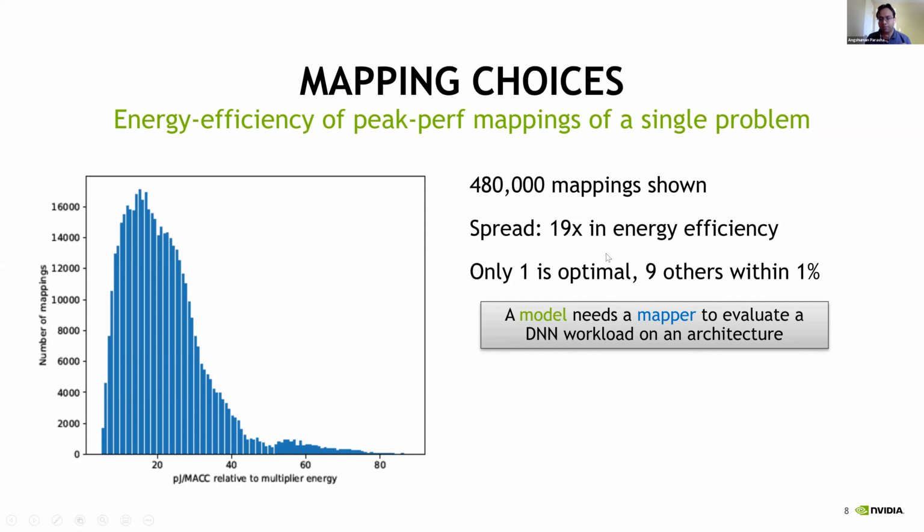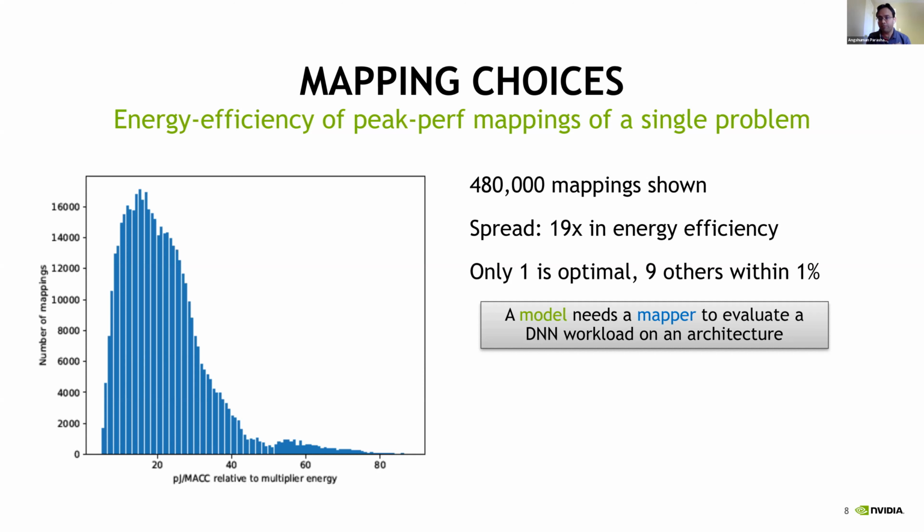And so what does that mean? That means that if you're thinking about modeling, right? If you're thinking about doing a performance and energy characterization of a workload on an architecture, you really need to consider the mapping, because without the mapping, you're not going to be getting any meaningful results. And so what that means is, if you're trying to build a model, you have to build a mapper, because without a mapper, you're not going to be finding an efficient mapping.